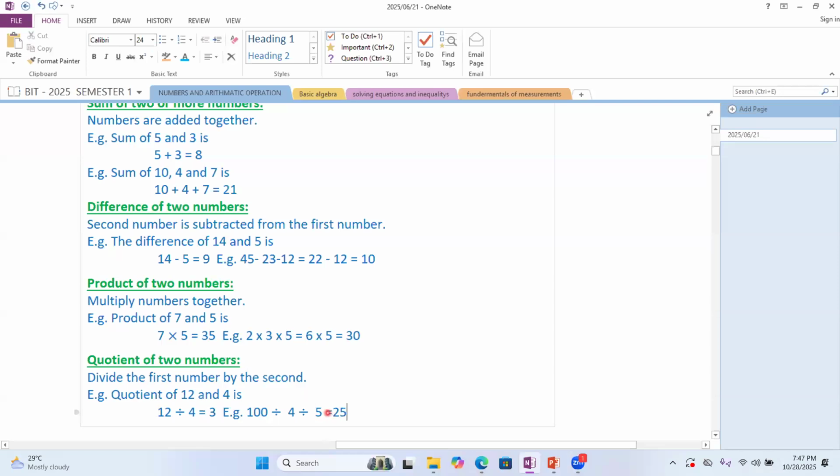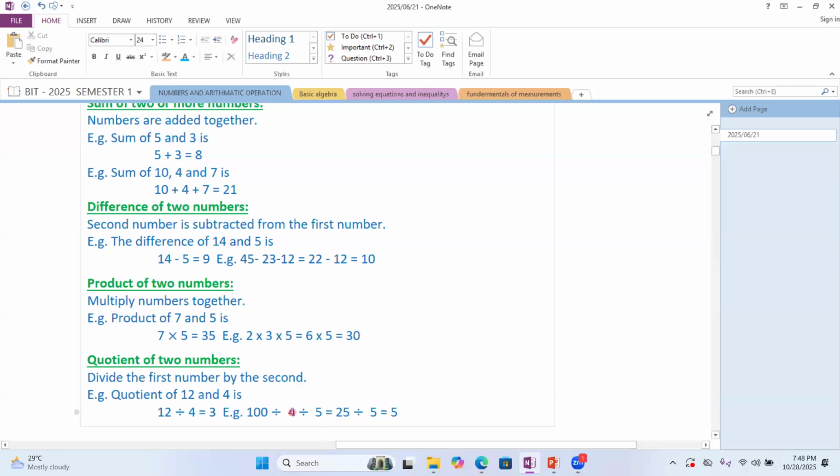Then 25 is divided by another number, 5. Then 25 divided by 5 is equal to 5, no? That is 5.